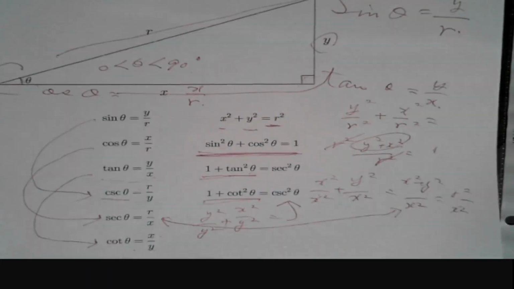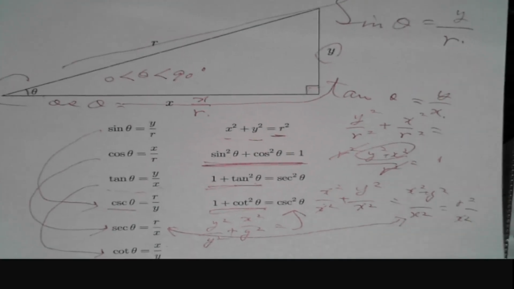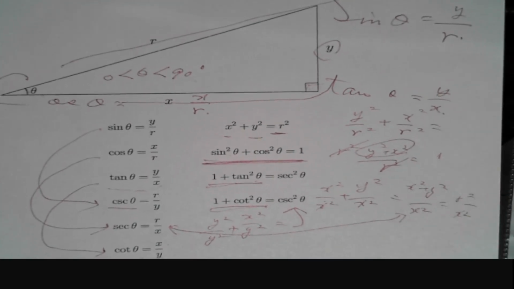Okay. So this time, we studied the definition of trigonometry, the 30, 60, 90 degree triangle, and the 45, 45, 90 degree triangle.